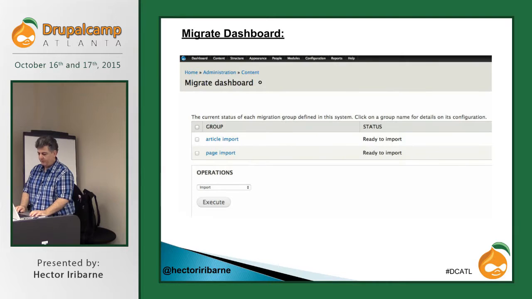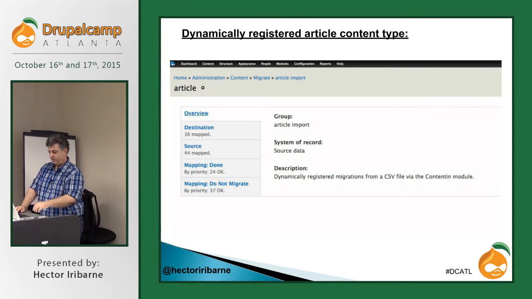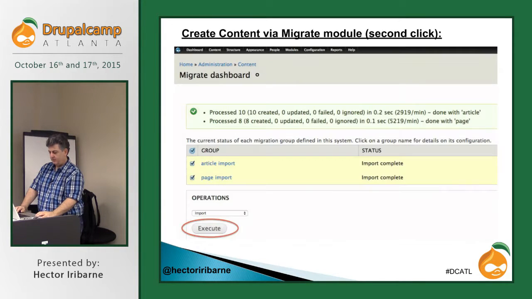I have all these screenshots for you, so you can have an idea later on, when you leave here, what the flow of the module is. It's almost like I'm documenting in the slides the steps you take to create it yourself. I even showed you the mappings here a little bit. And then the import, when you click, tells you how many were processed.